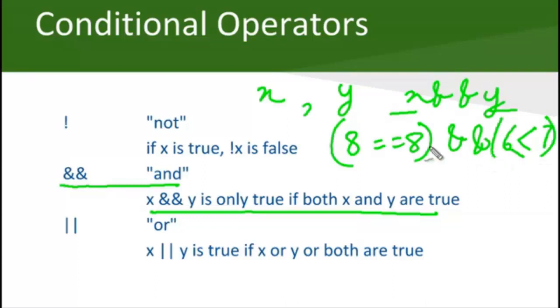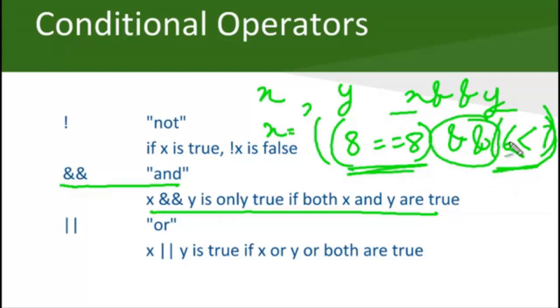So for the whole expression to be true, and let's say x is equal to this, this expression and this expression must be true because of AND which has come in between. So since this is true and this is true, this will return true.